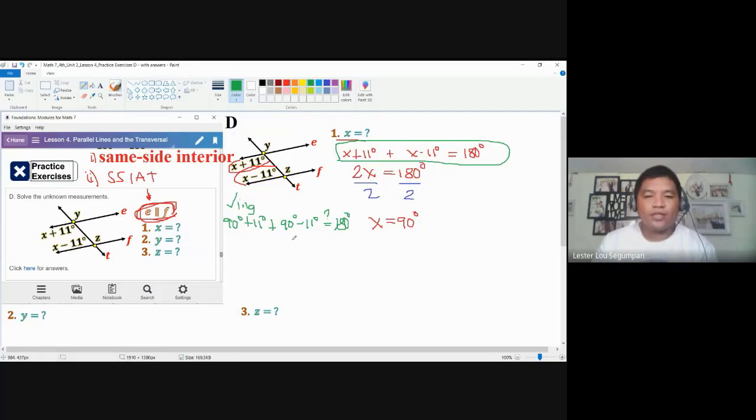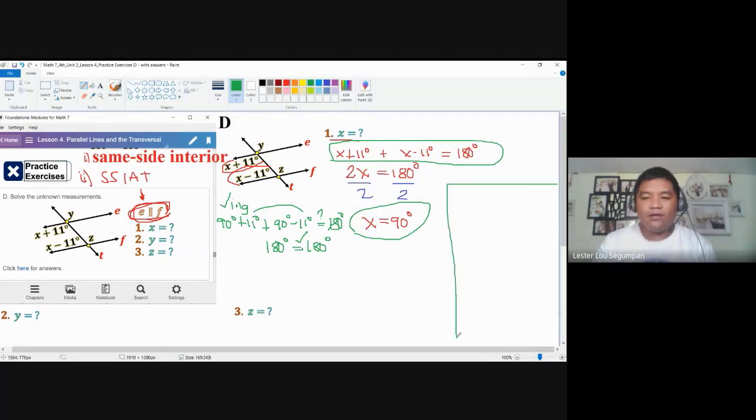And when we sum this up, 90 plus 90 is 180, and the 11s cancel out. So I have here 180 degrees is equal to 180 degrees. Now we are sure that the value for x that we have solved from these relationships and the equation given is correct. The other form of checking for this is by giving the value for the unknown angles.